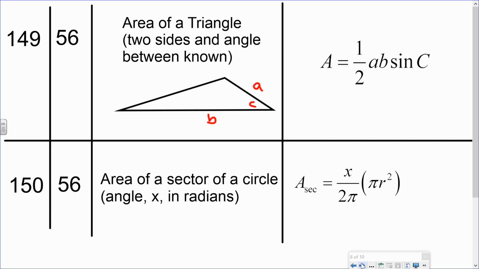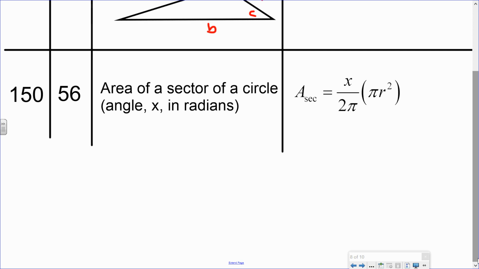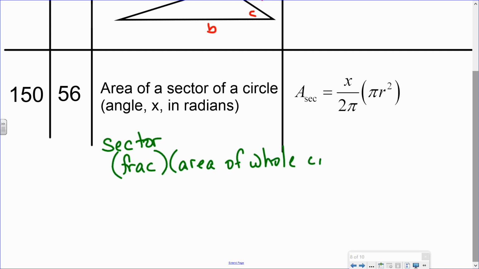So our other formula, we already know that anytime we are getting a sector, it is a fraction of the circle times the area of the whole circle. Sometimes we know the angle in degrees, so our fraction is x out of 360 times pi r squared. And I don't care if you want to do it theta or x in your formula.